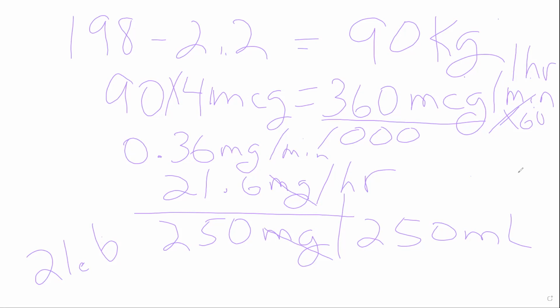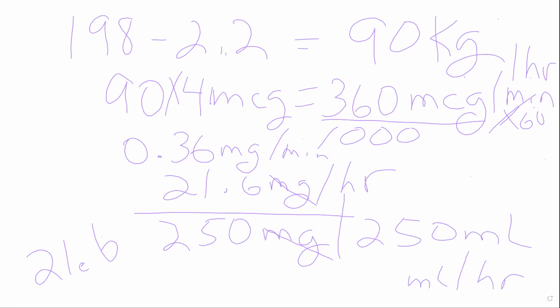So when we took the 90, which was our weight, times the 4, that gave us 360 micrograms per minute. Our problem answer has to be in mLs per hour. So in order to convert your minutes into an hour, you multiply them by 60, right?